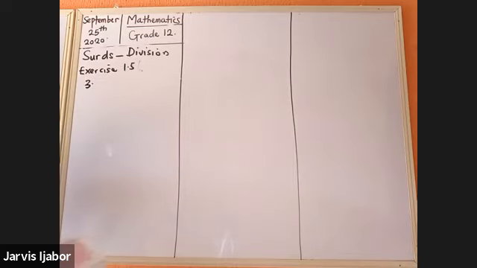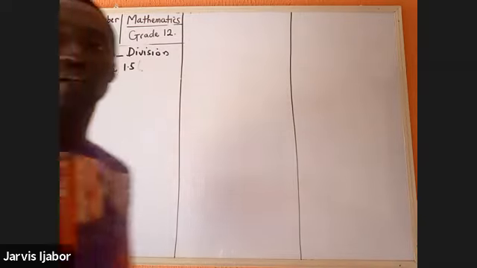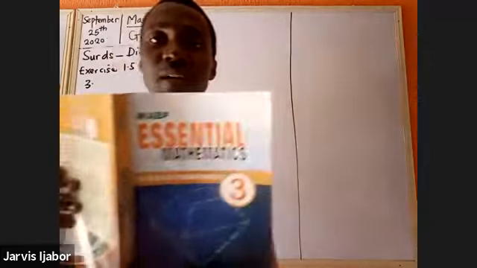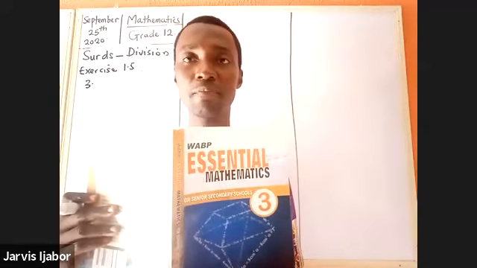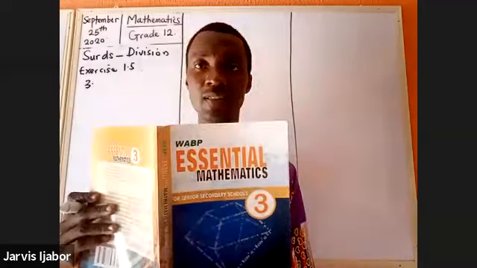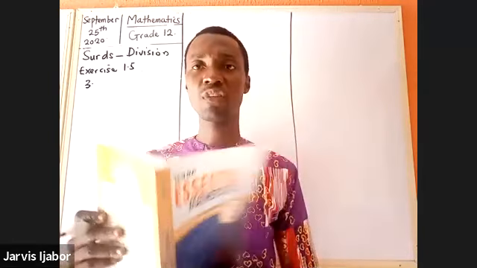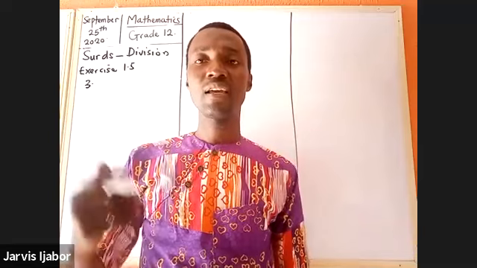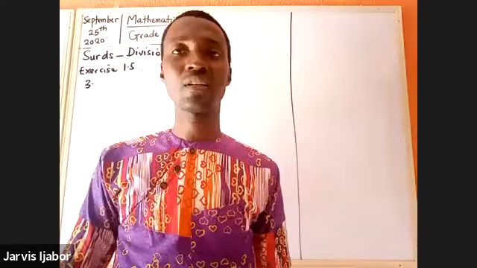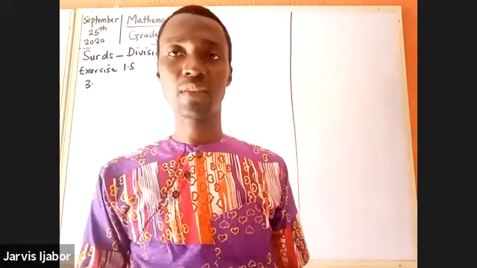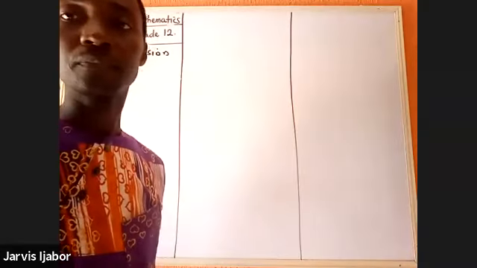Oh, the question is, what textbook are we using? We're using Essential Mathematics. That is my official text for this online program. This is for SS3, and my choice of this is based on the fact that Essential has lots and lots of questions that are quite interesting, especially if you want to do well in mathematics, right?